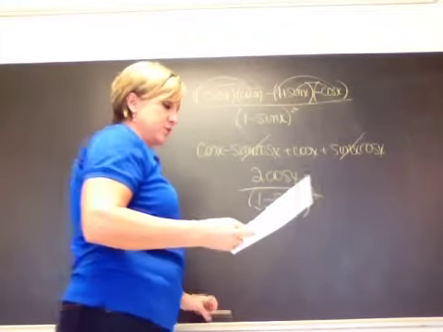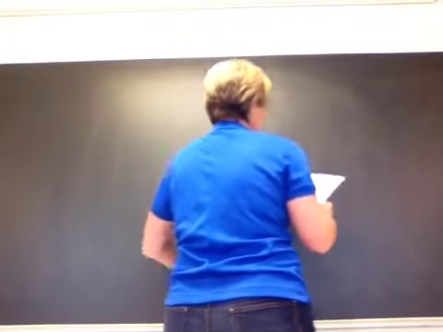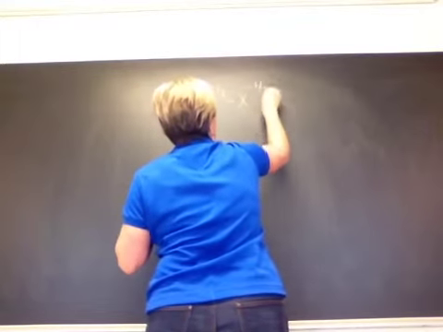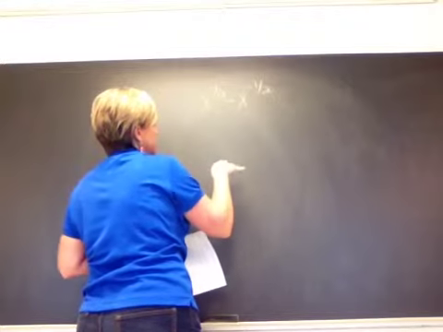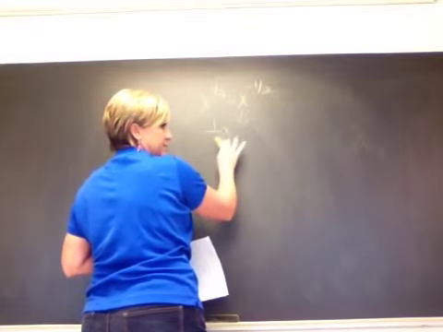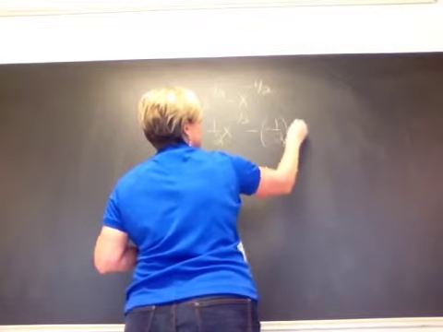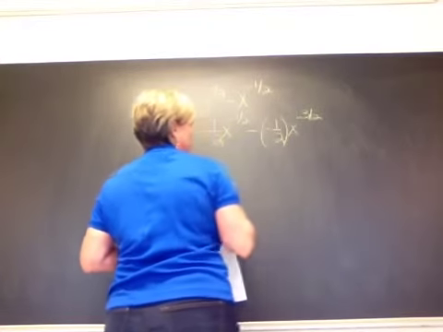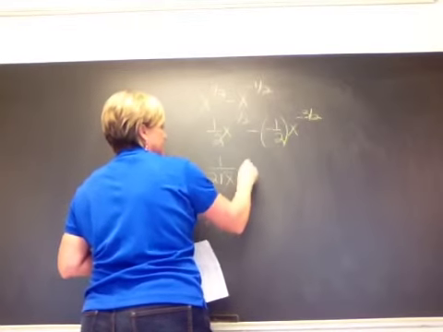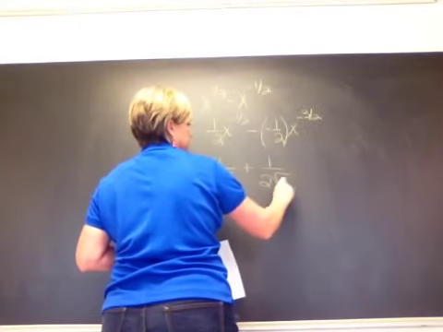17. Oh my goodness, that's one of those that you might have to, kind of like we did yesterday that y'all complained about. Well, it's not that bad. I would just use power rule. 1/2 x to the negative 1/2, bring your power to the front, times your x, reduce your power by 1, minus, bring your power to the front, times your x, reduce your power by 1, and then you just need to clean it up. 1 over 2 square root of x, plus 1 over 2 square root of x cubed.